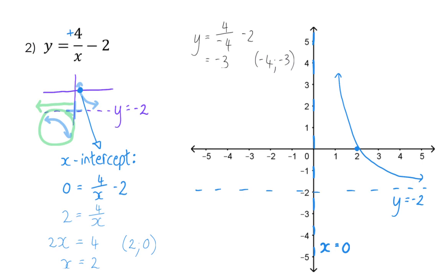Next, I'm going to choose to substitute the value of -2 in x's place, and that will give me a y value of -4. Now we have two more coordinates that we can go and plot. They will be at -4, -3 and at -2, -4, and now I can connect them to draw the second part of the graph.